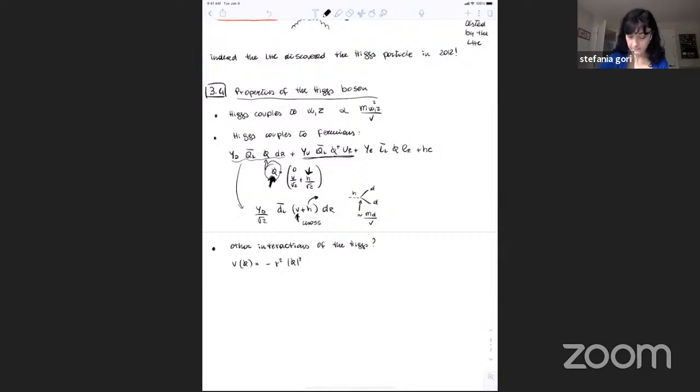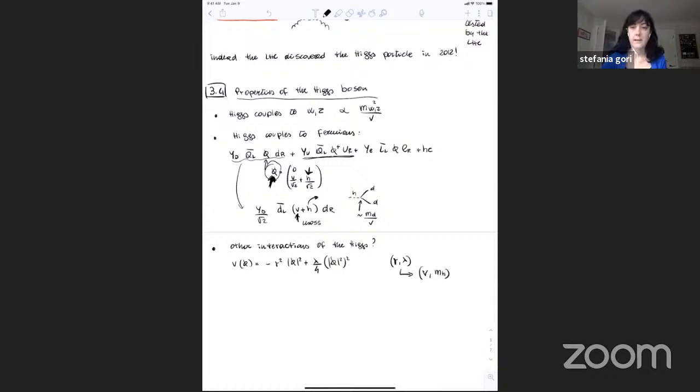Here I'm writing it down again for completeness. As I said, we have this non-trivial minimum. What we typically do is trade these free parameters of the standard model Lagrangian for more physical parameters, namely the vacuum expectation value, V, and the mass of the Higgs boson that we have measured.